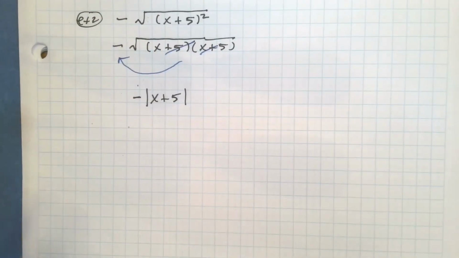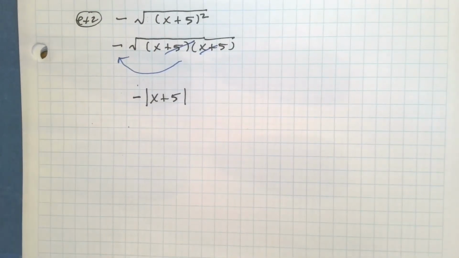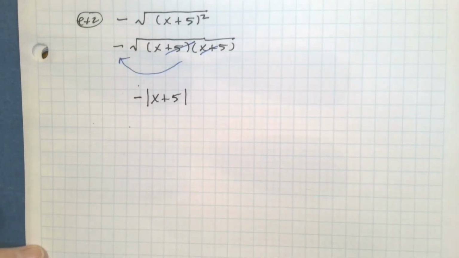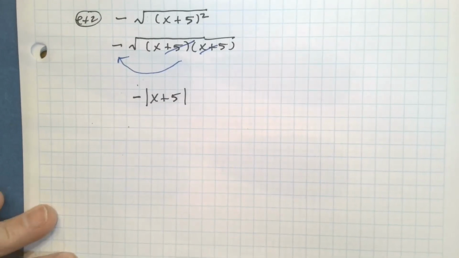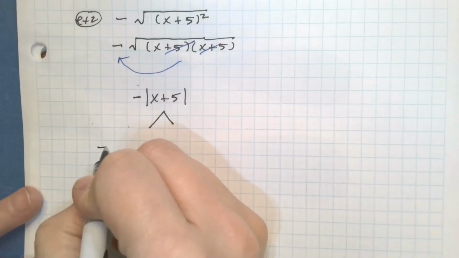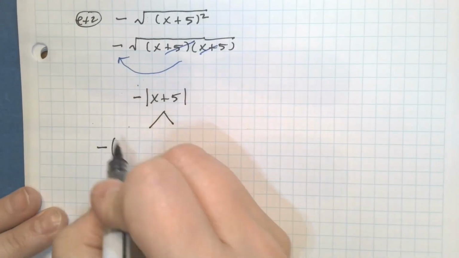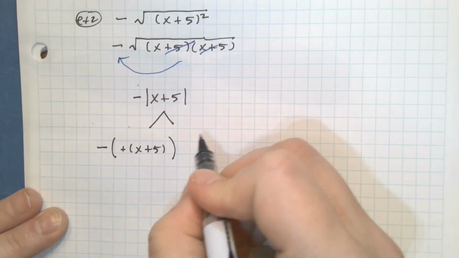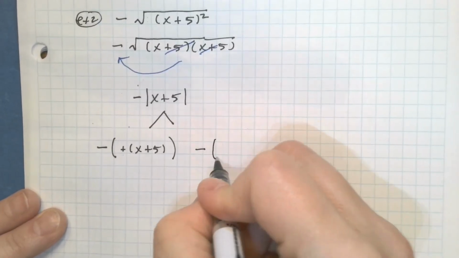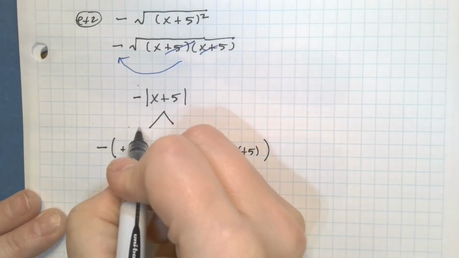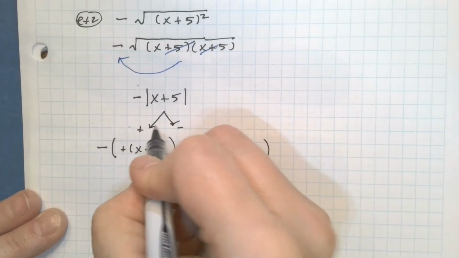Sometimes the worksheets will let you stop there. Other times they're going to want two specific answers. If you can do 1 for 2, this one will work. If you have to give two specific answers, then you will need to split this into a negative times a positive x plus 5 and a negative times a negative x plus 5. So basically you have a positive and a negative binomial.